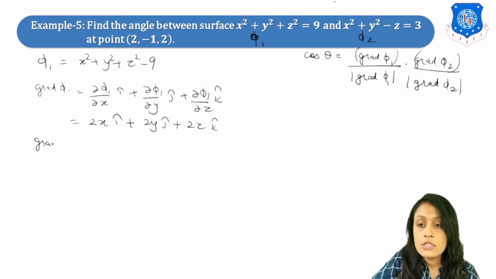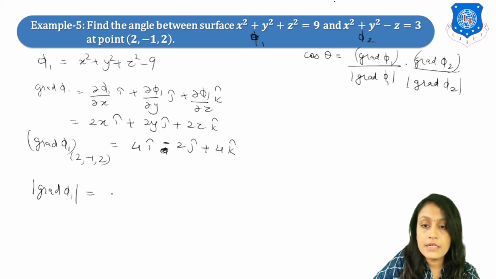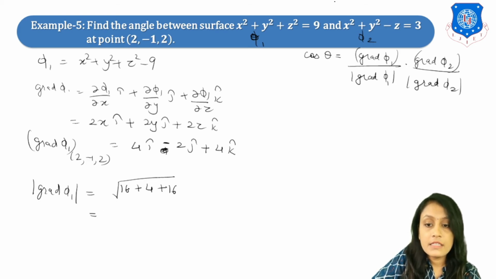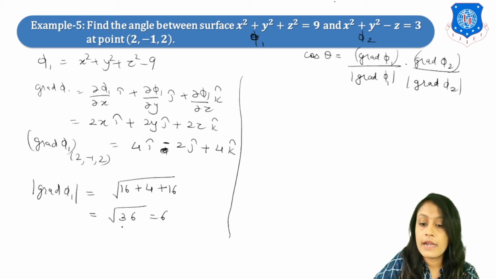So grad phi 1 at 2, minus 1, 2 is 2 into 2, which gives 4i, plus 2 into minus 1, so we get minus 2j, and here we get 4k. Now we will also find its magnitude. So the magnitude of grad phi 1 is under root 16 plus 4 plus 16, which is under root 36, that is 6.